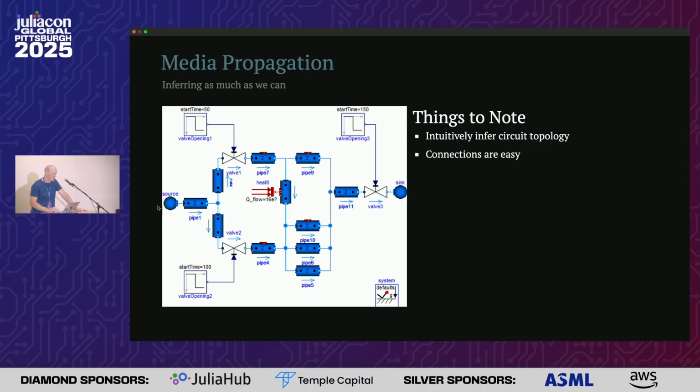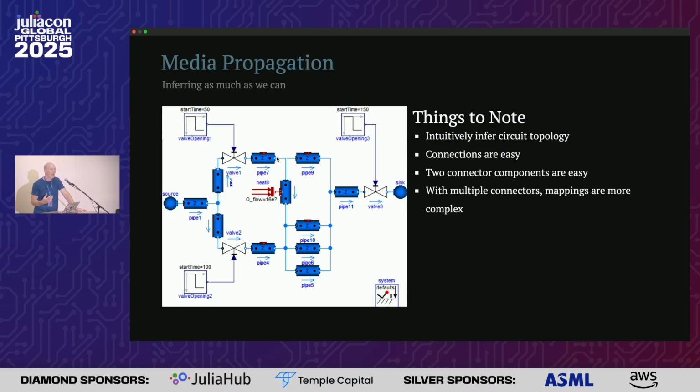Now, that intuition and the way we infer this makes sense in the context of these connections. It seems reasonable to infer that if something's flowing out from here, it's flowing through this as well. It's easy when you have two connectors on a component like this, that presumably whatever's flowing in here is coming out here. But there are lots of components you would have in fluid systems, heat exchangers being a classic example, where you might actually have two different working fluids involved.